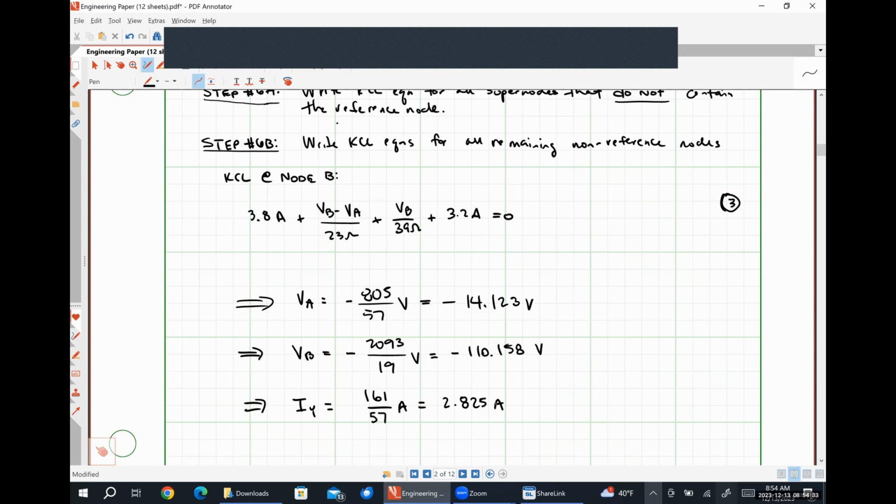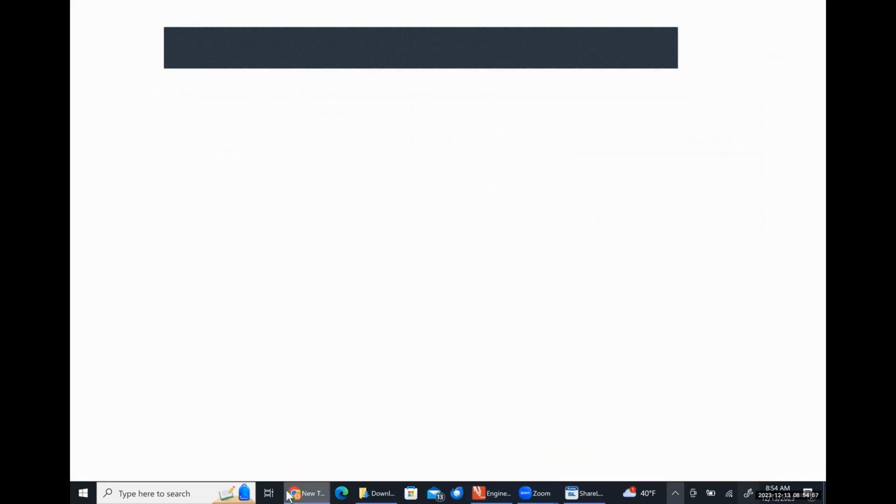All right, so let's take a crack at homework set number 6. This is the homework specifically designed to test your aptitude with nodal analysis.